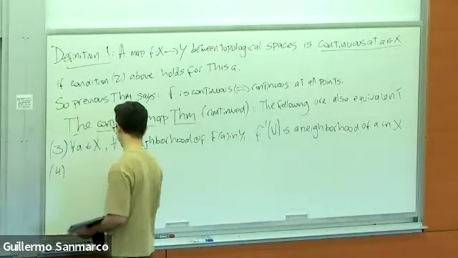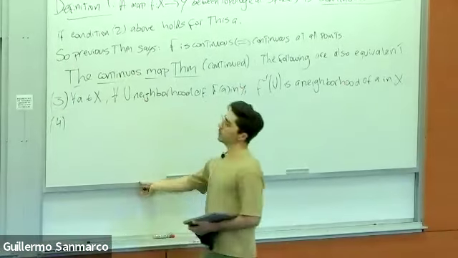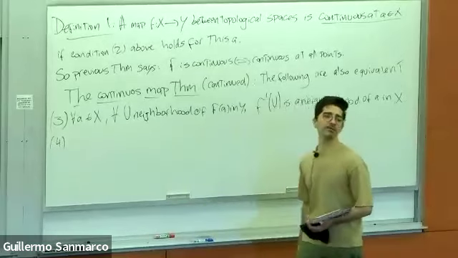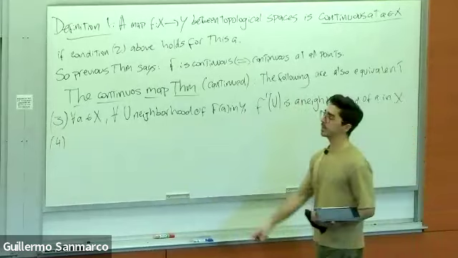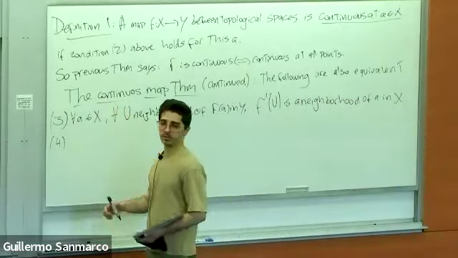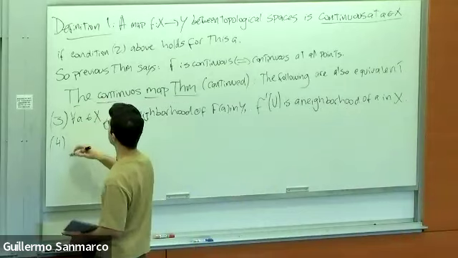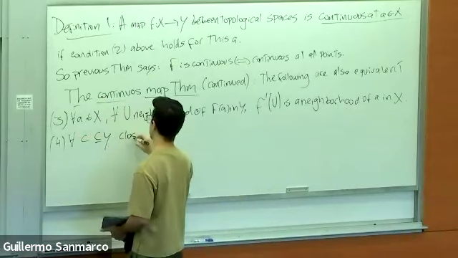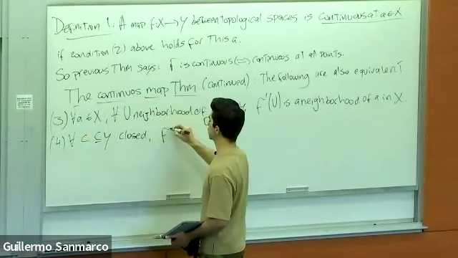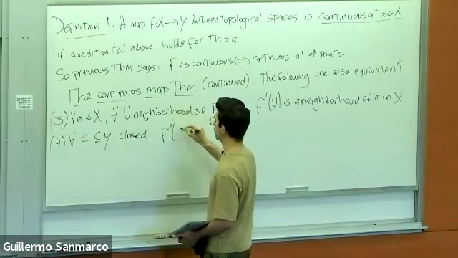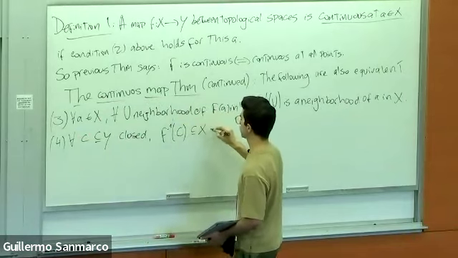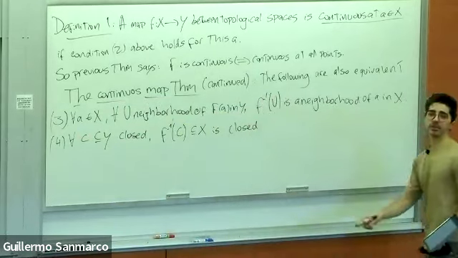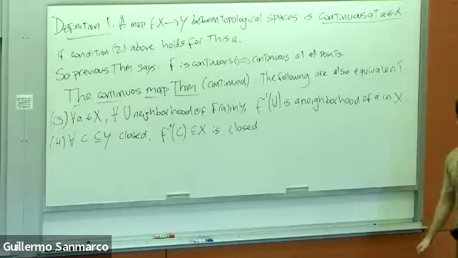Then the next one is, when we introduced topology, we said if you have opens, you have closed sets. Those are just complements of opens. And of course, you can measure continuity with closed sets. So F is continuous if and only if for every C inside of Y closed, the preimage under F of C is also closed, but now in X. So instead of preimage of open is open, you can say preimage of closed is closed.